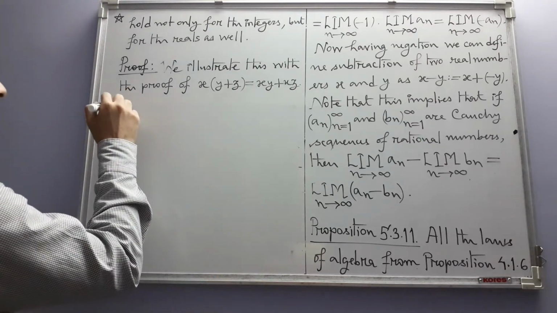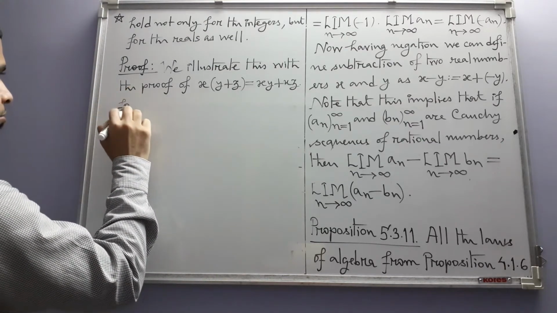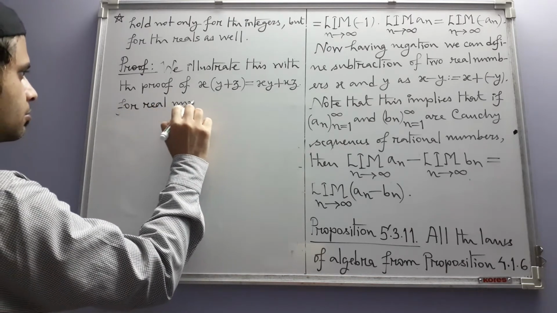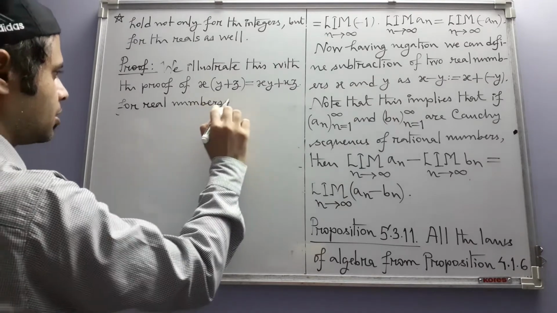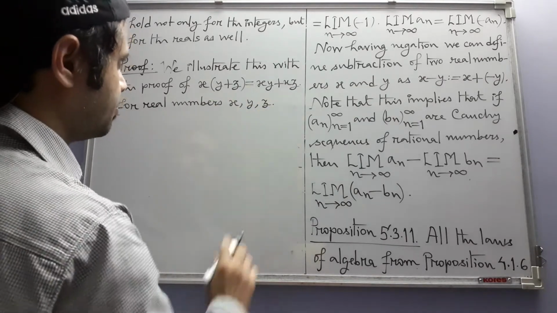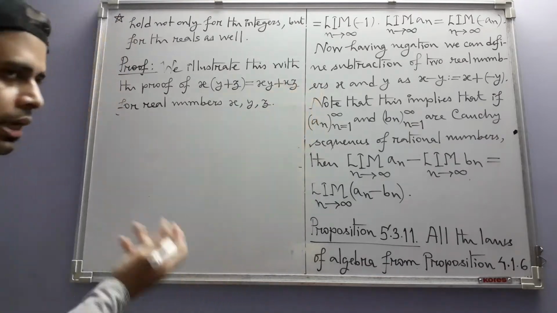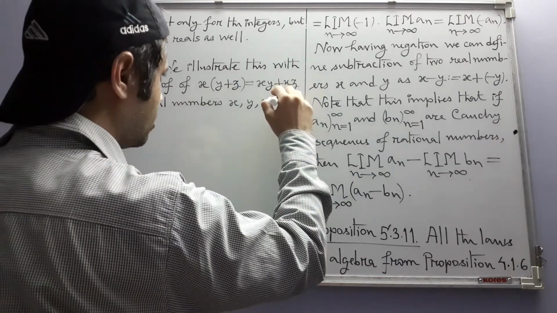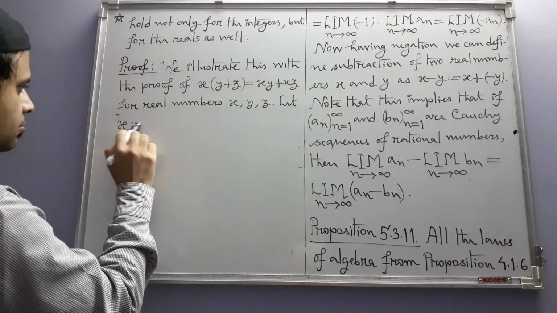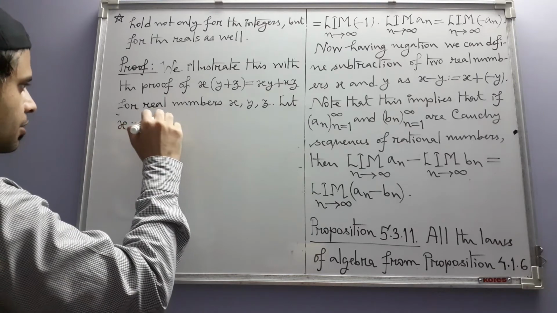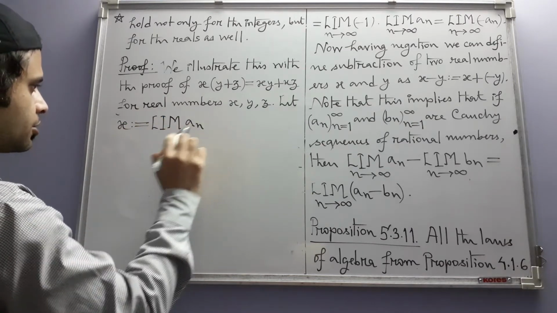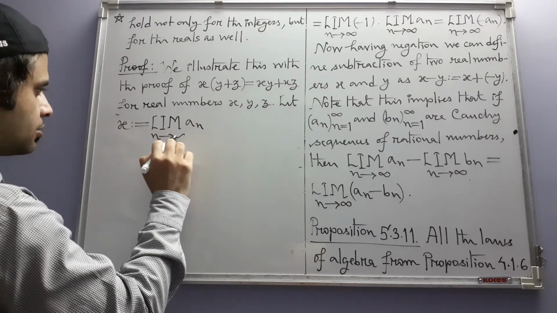This holds for real numbers x, y and z. For real numbers means for any real numbers. So let x be a real number, which means it will be some formal limit of some Cauchy sequence of rational numbers.